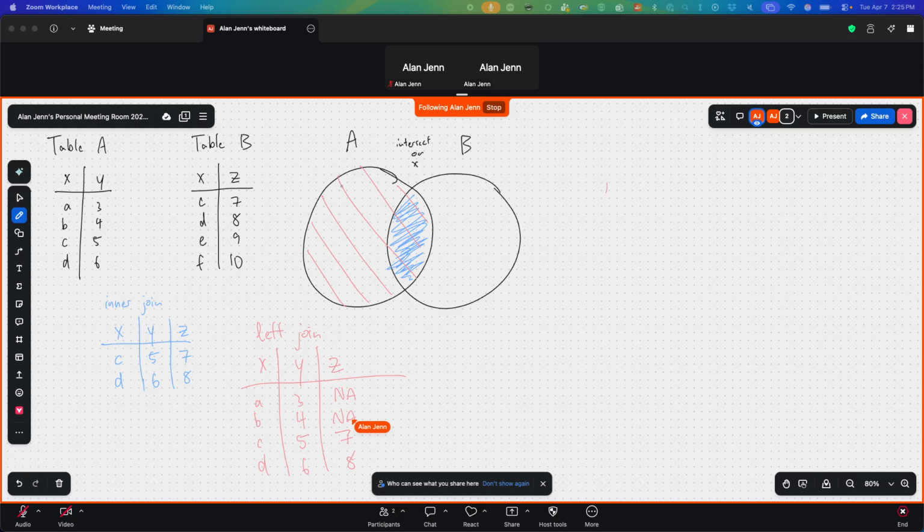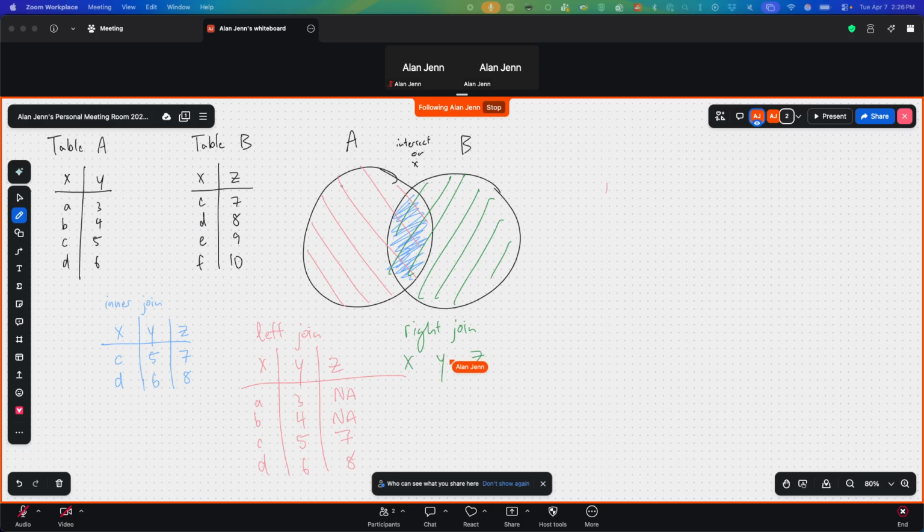Okay. So that would be a left join, and the idea is if you wanted to concatenate data into this new data frame, but you wanted to preserve everything from one of the original tables, you can do that via a left join. There is also technically a right join. And I'm not going to make you guys guess.